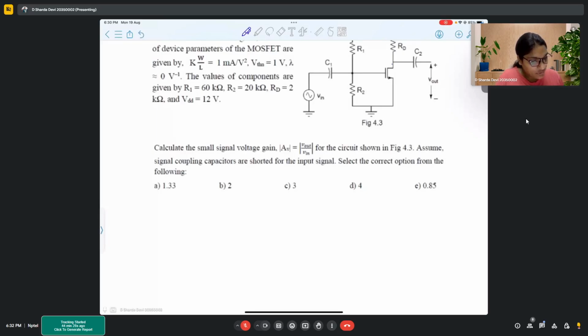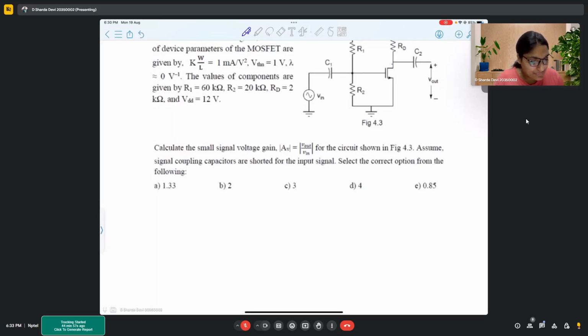So in this problem, what you have to find is again the small signal voltage gain for the circuit shown, and assume the signal coupling capacitor is shorted for the input signal given. So here we know that for the CS amplifier, the gain is GM RD.